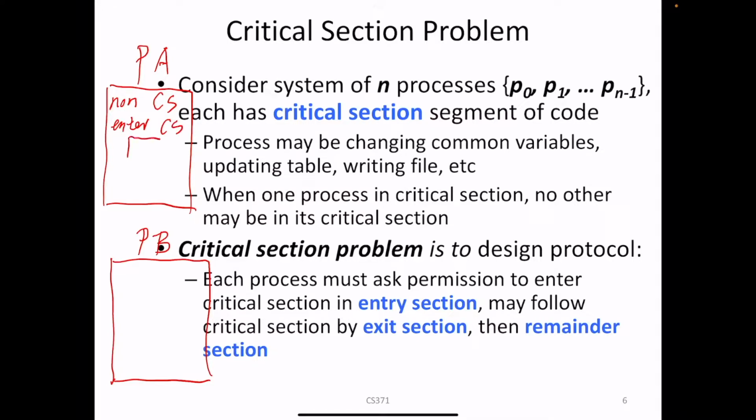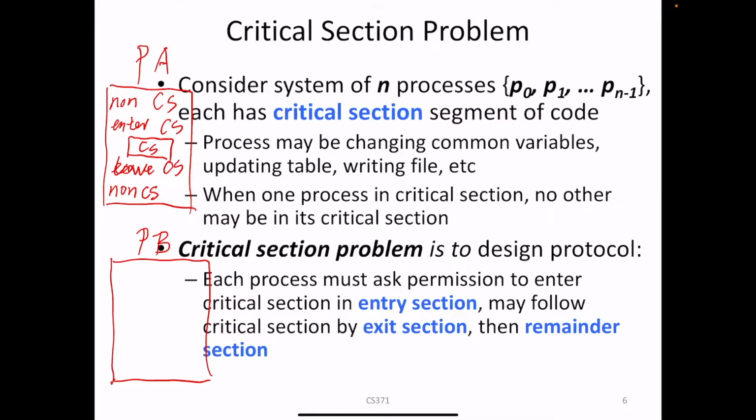Then we have the critical section part. After that, we exit or leave the critical section, and then maybe we have another set of non-critical sections.